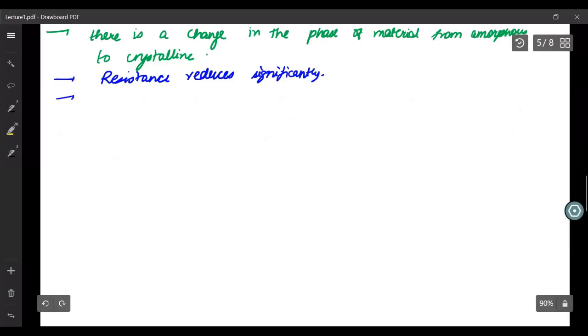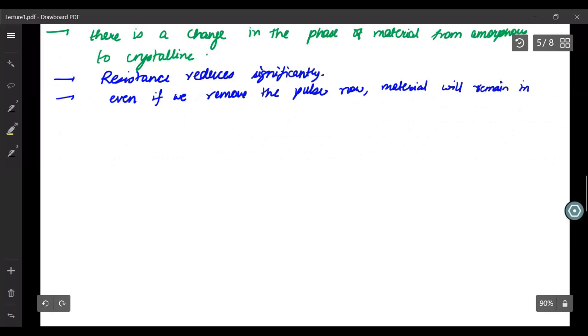So even if we remove the pulse now, the material will remain in the crystalline state and continue to exhibit a small resistance.